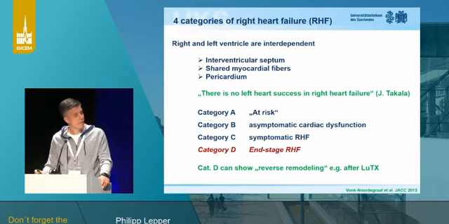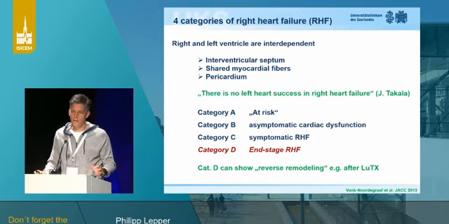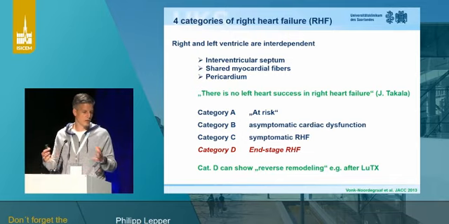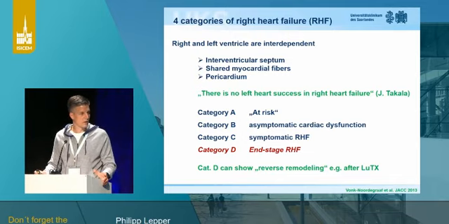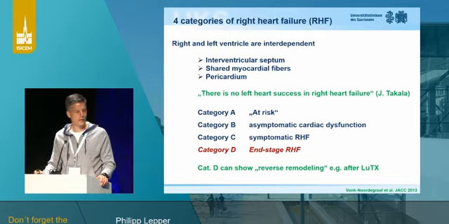There are actually 4 categories of right heart failure defined, and we must never forget that left and right heart are interdependent because they share an interventricular septum. They have common myocardial fibers and they have a common pericardium.